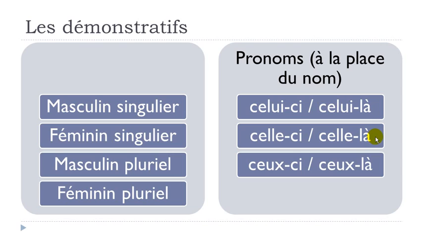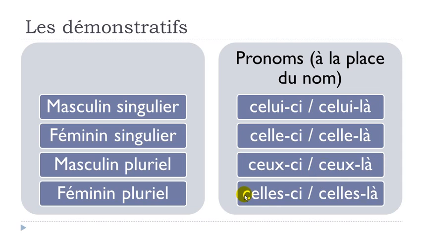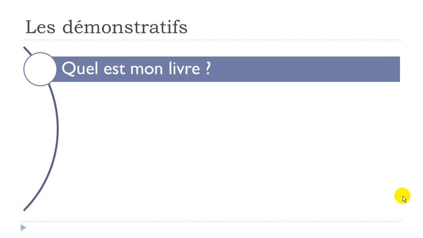And then for the masculine plural, ceux-ci. Okay, remember the final X is not pronounced, so you get the sound ce, ceux-ci, and then ceux-là. All right. Feminine plural, celles-ci. Okay, don't pronounce the final S. Celles-ci, celles-là.